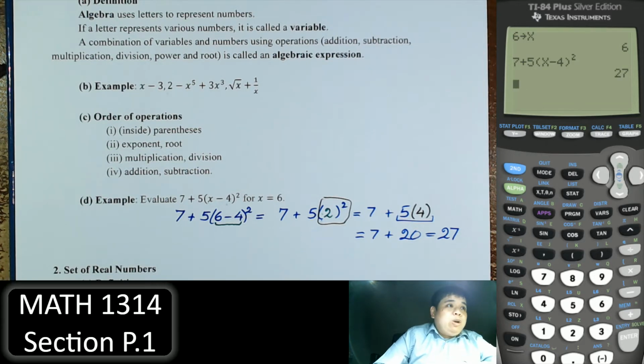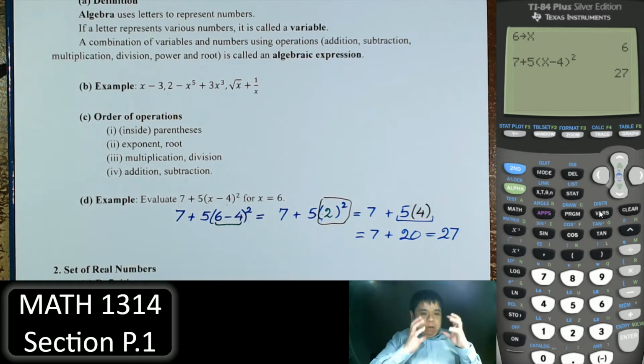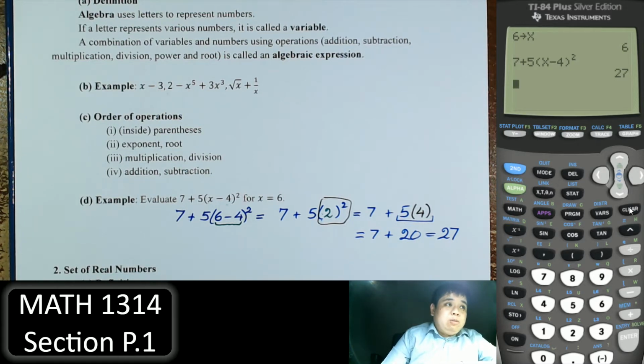Or you can also do this. So x is just a variable. Anything in place of x can be thought of as a variable. So I could use something else. For example, I say 6 plus 0, of course. So what's the point of doing that? The reason I do plus 0, so when I hit second, the negative sign, second the negative sign gives us the answer. The answer meaning the last number that we have.